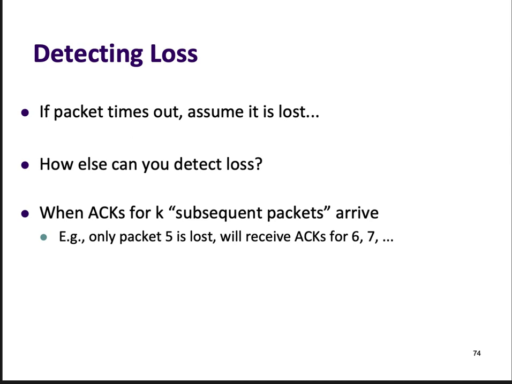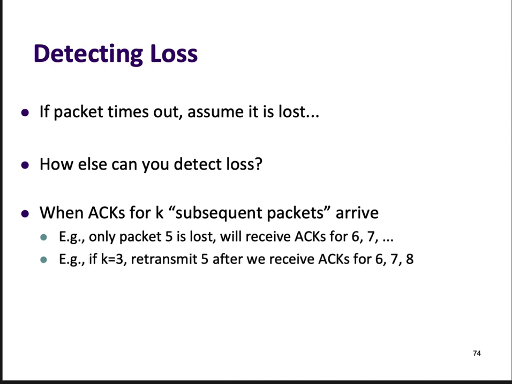When you receive the ACK for 7, you feel like, okay, that makes 2 ACKs I got that were beyond what I expected. Maybe packet 5 or ACK 5 was really lost. And so you can go on that way, and you have some number k, which is after you've gotten k subsequent ACKs, you decide, okay, the packet I was expecting is lost. I'm going to treat it as lost. Yeah?